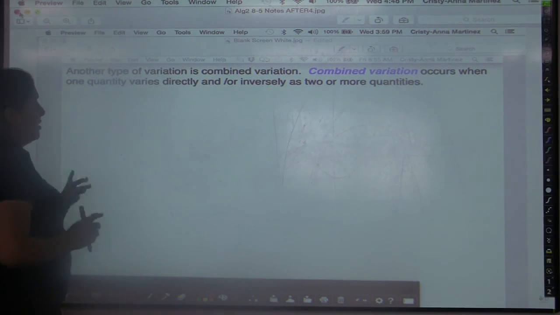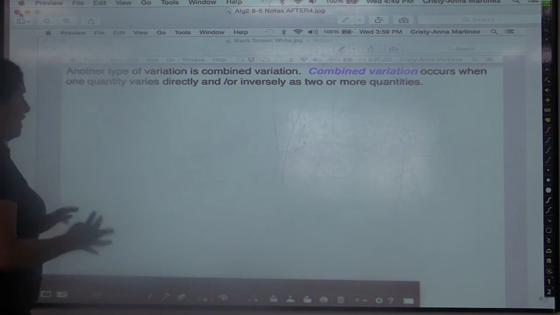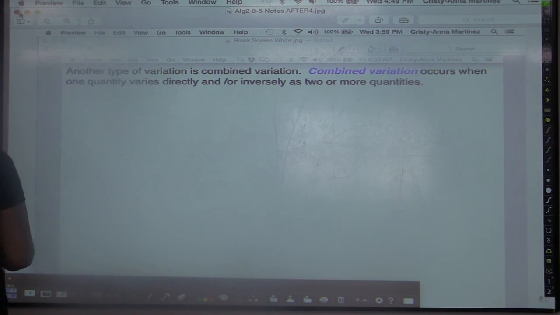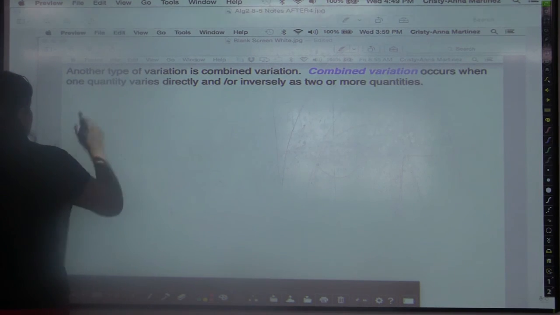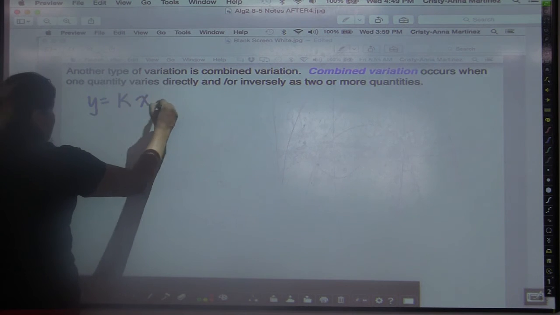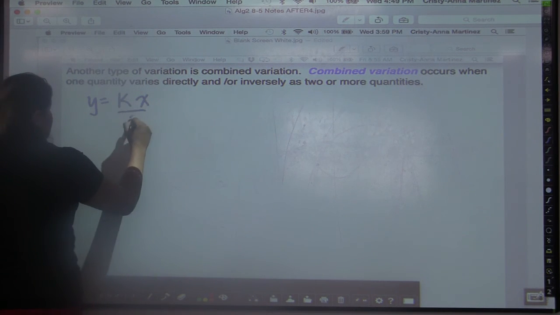So it says here, combined variation occurs when one quantity varies directly and or inversely as 2 or more quantities. So for example, instead of y equals kxz, which is what we already did in joint variation, you could have y equals kx over z.